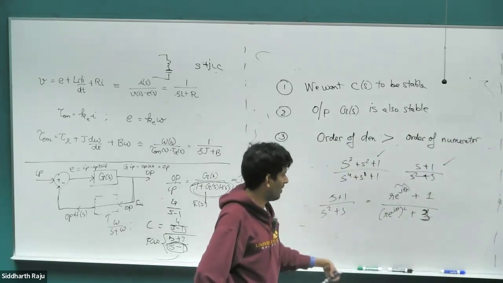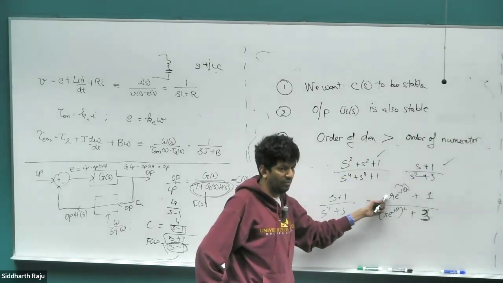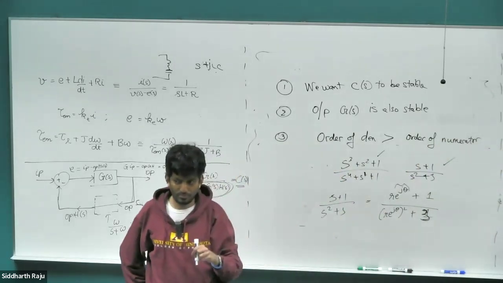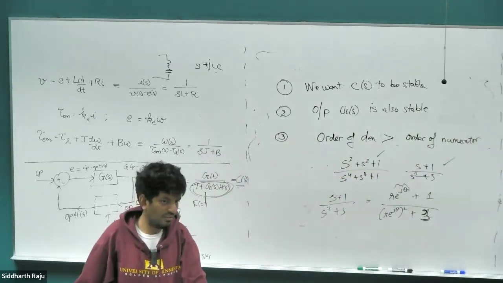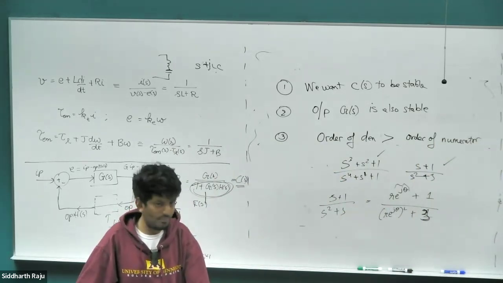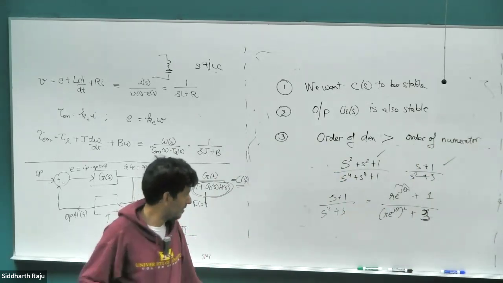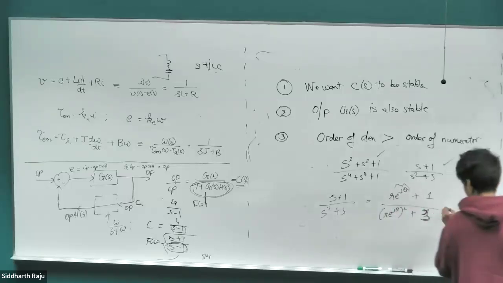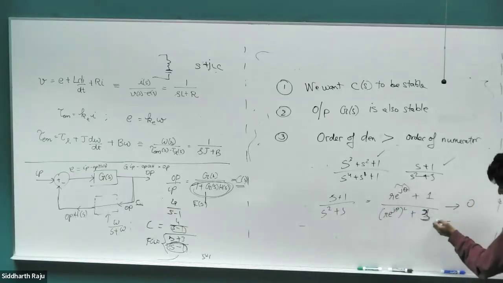Nothing too fancy there. As this R goes to infinity, what is going to happen to this term? Which one grows faster, the numerator or the denominator? Denominator. It'll go to 0. So this whole thing goes to 0 as R goes to infinity.